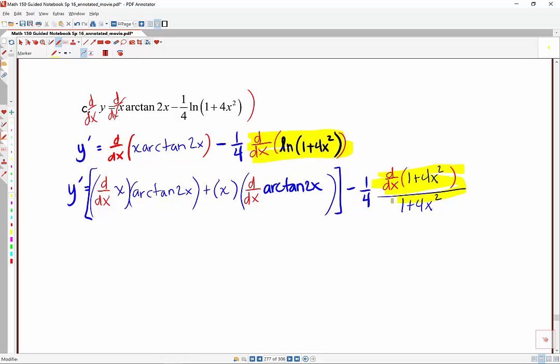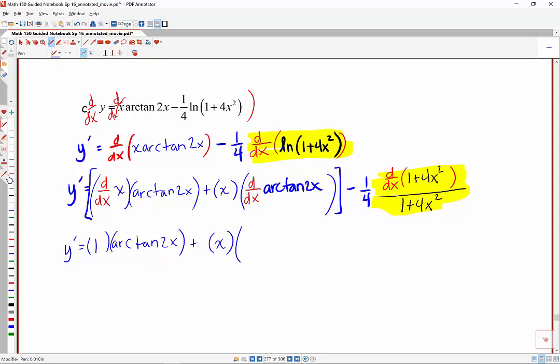So now we'll have y prime is equal to the derivative with respect to x of x is 1 times arctangent at 2x, plus x times. This derivative here is going to be the derivative of what's inside.